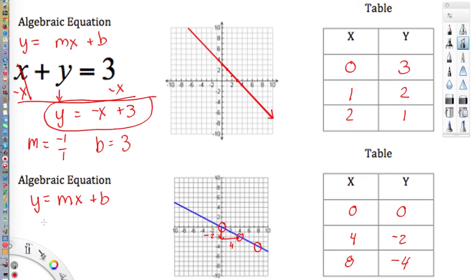So my slope, my m, is a rise of negative 2, and my run is 4, which I can reduce to a negative 1/2, and my y-intercept is right here, which is 0. What will that look like in equation? y is equal to my slope, a negative 1/2 x, plus 0, which means I don't need to put a b there. My y-intercept is just 0.